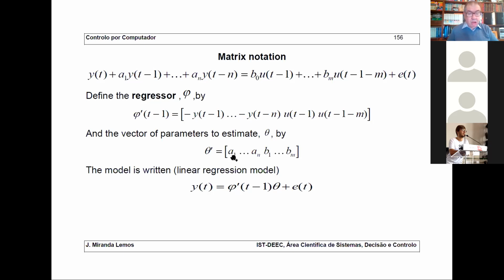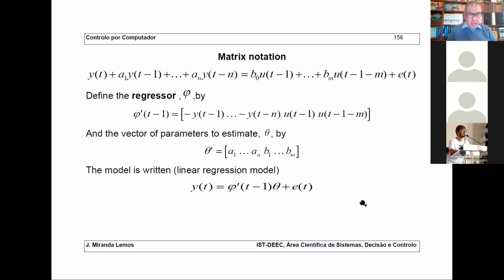Theta is a column vector because theta transpose is a row vector. So theta is a column vector with a1, a2, etc. So remember that when we multiply matrices, we do multiplication of lines by column. So we have a line here in phi transpose multiplying the elements of the column theta, okay? And given this definition of phi transpose, the prime means transposed, okay? And theta, so given these two definitions, this is a compact way of writing this equation.